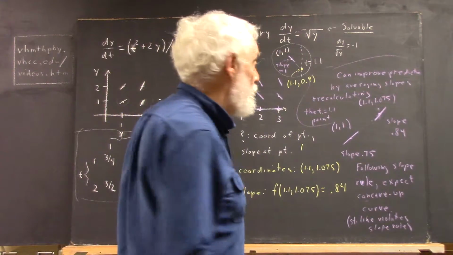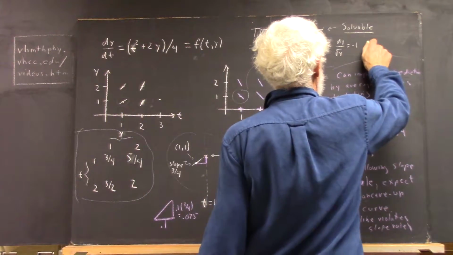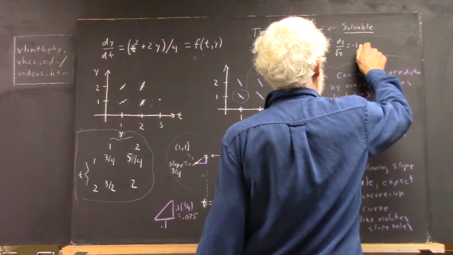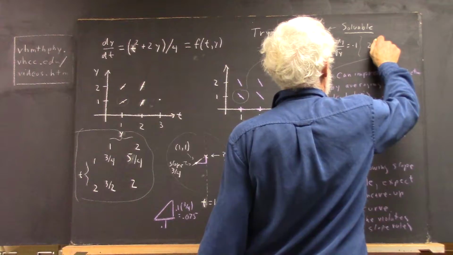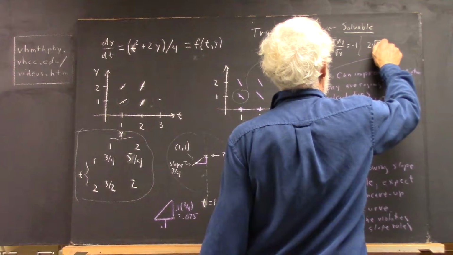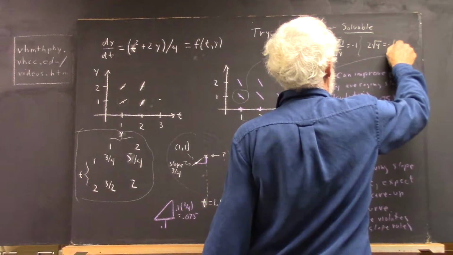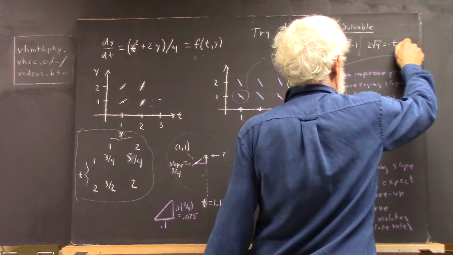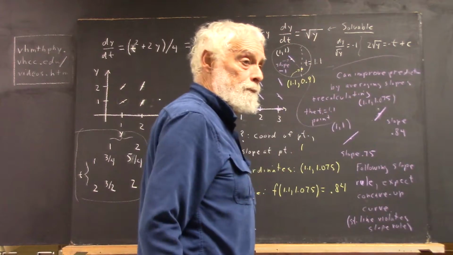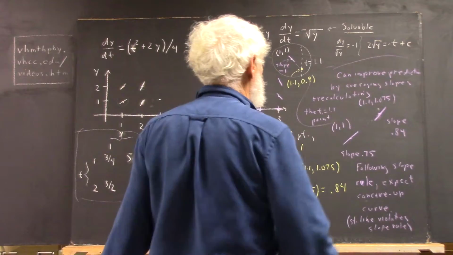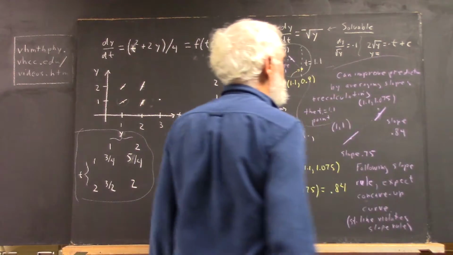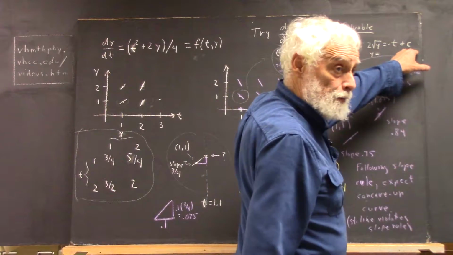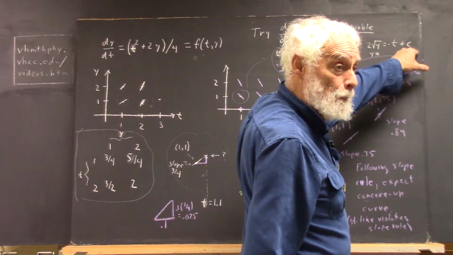Right? So that 2 square root of y equals -t plus a constant. So that y equals, well, -t plus a constant quantity squared, right?